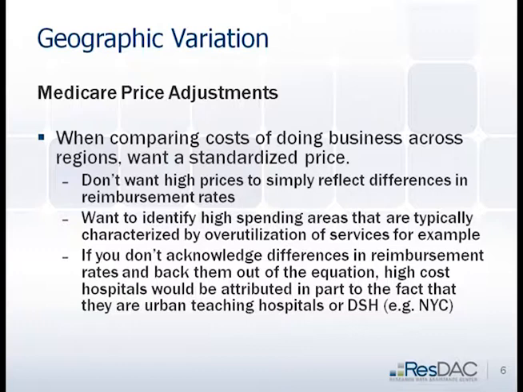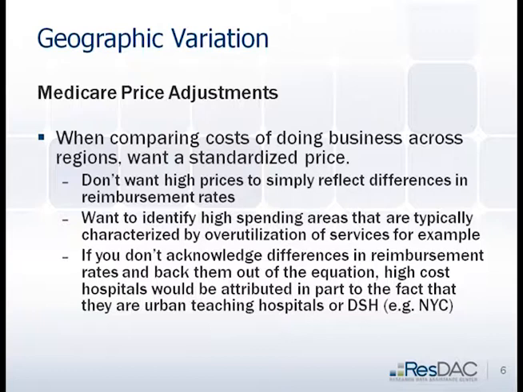But if your patients are seen across the US, or the goal of your study, such as the one that I just characterized, spans across the US, now you have to do something, because you don't want to just flag New York patients, right? You're trying to characterize differences in practice patterns across the US. So you don't want the high prices to simply reflect differences in reimbursement rates.